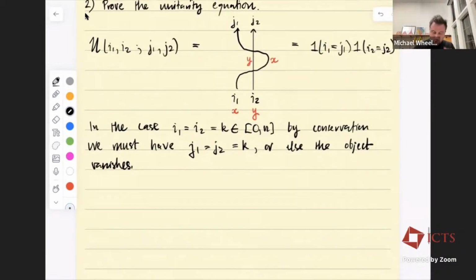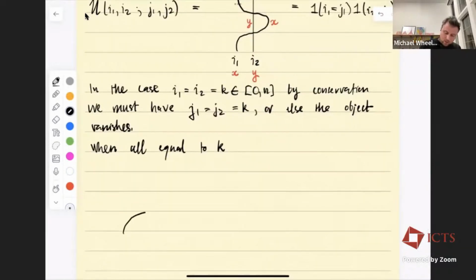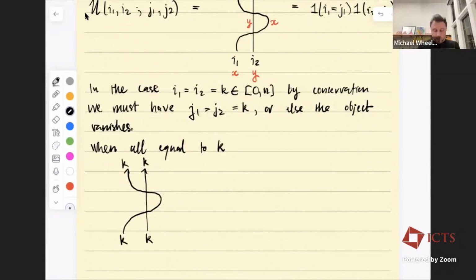Okay, and furthermore, when it is satisfied, so when all of the indices are equal to K, one gets the following picture. I have 2 Ks coming in from below and 2 Ks going out from above. And notice that this then fixes entirely what happens on those 2 internal edges inside of the lattice.